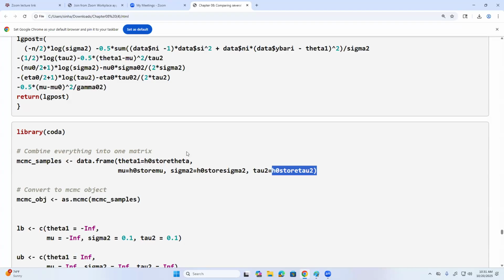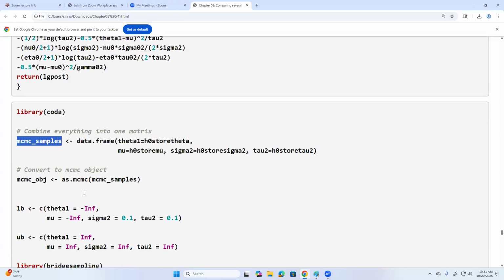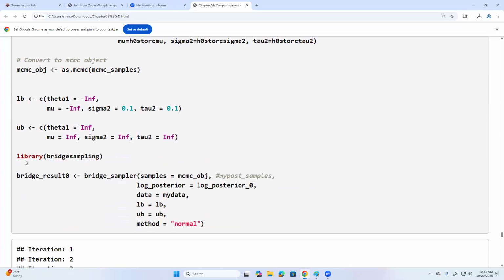You need to have an MCMC object before you invoke the bridge sampling function, from the bridgesampling library.